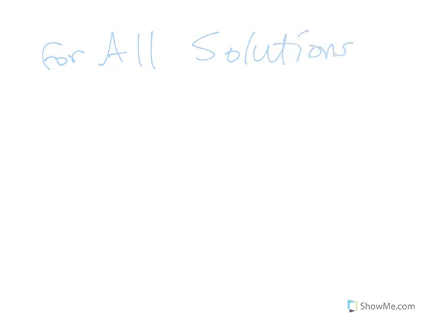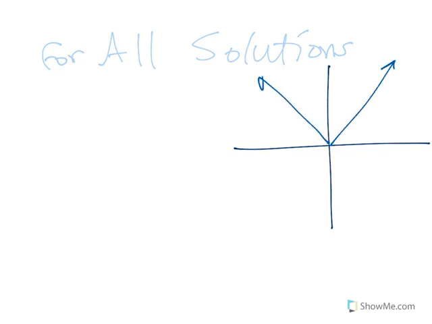All right, so let's think about this. I know, let's get ourselves a coordinate plane and our four solutions. Our four solutions are 60, 120, 240, and 300. Yes, that's exactly what they look like. So if I take 60 and I add 180, I get to 240.